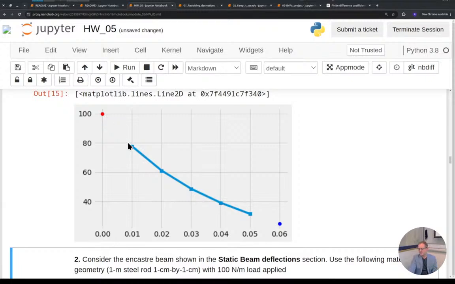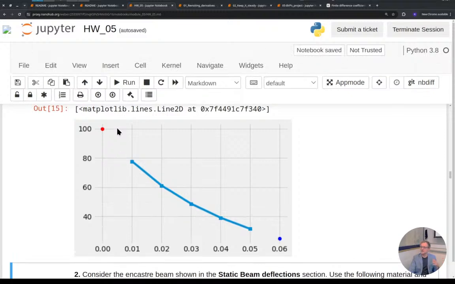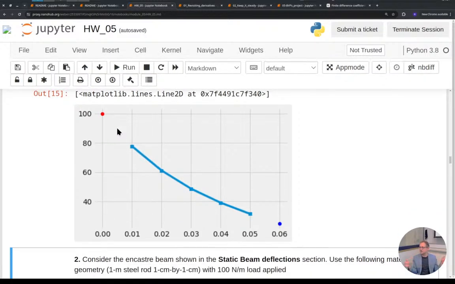I just want to know what is the temperature at 10 millimeters, 20 millimeters, 30, 40, and 50. So there is nothing to say that at 5 millimeters it's something else. Unless I say, all right, now split it up into 5 millimeter increments. Now I get a solution at 5 millimeters.